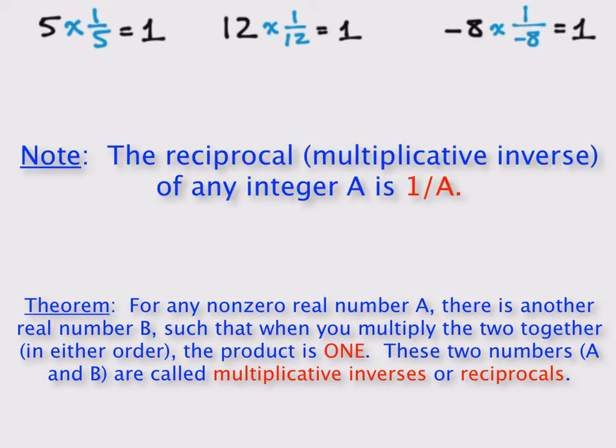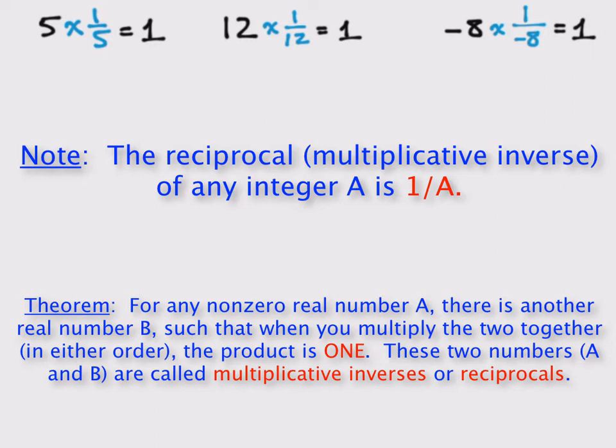So we see that whenever we're working with an integer, in order to find its multiplicative inverse, or reciprocal, all we need to do is take 1 over that integer. The multiplicative inverse of 5 was 1 over 5. The multiplicative inverse of 12 was 1 over 12. The multiplicative inverse of negative 8 was 1 over negative 8.